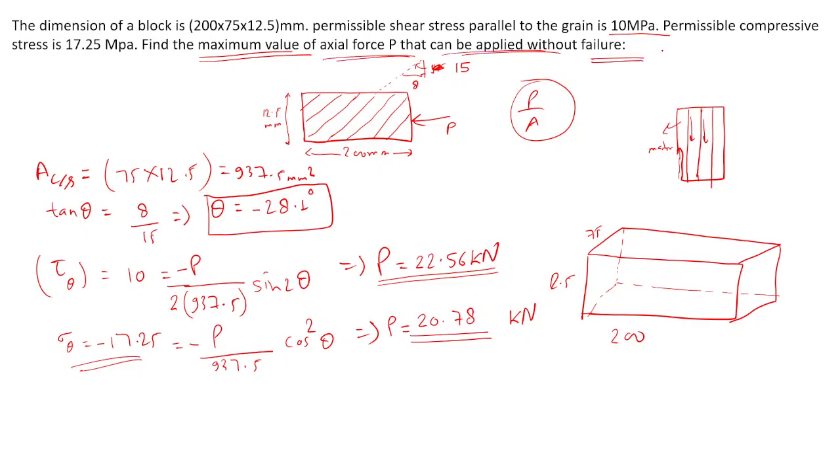If you apply 22.56, the normal compressive load would be more than the permissible, and it will get broken, then it is of no use. So we have to choose the minimum of these. So this would be the correct answer.